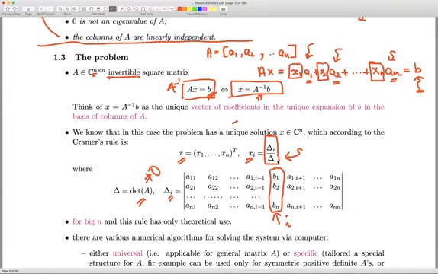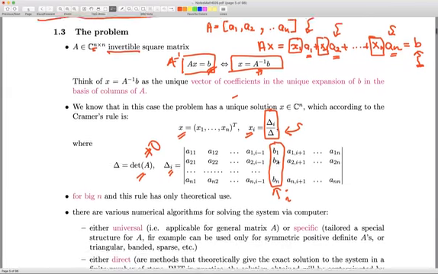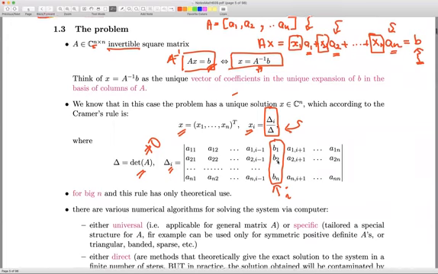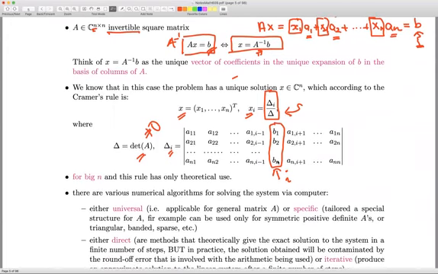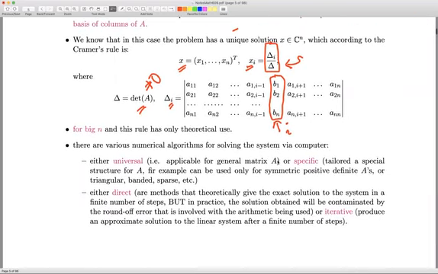So in practice, in engineering applications, people use various numerical algorithms to solve linear systems, especially for large values of n, for large dimensions. Somehow we can divide all these algorithms for numerically solving linear systems into two big groups.